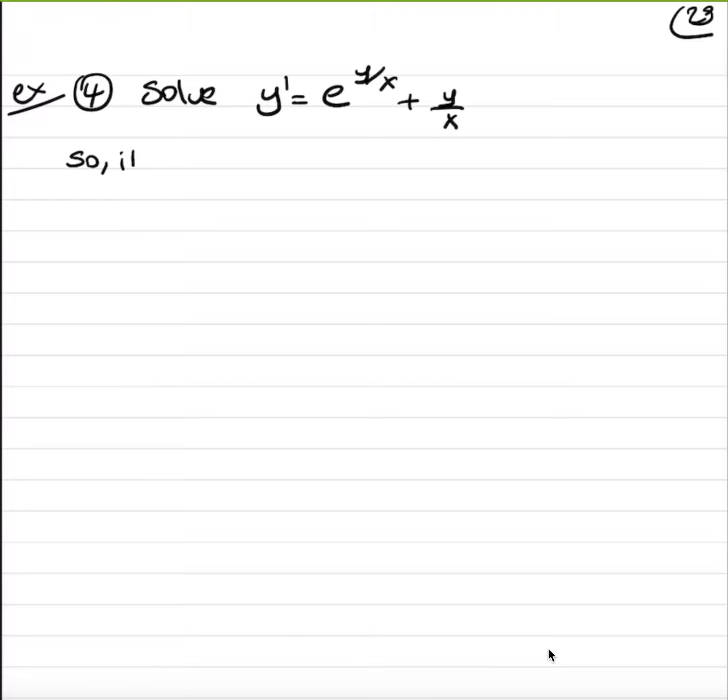Good. Okay, let's solve one more example. For example number 4, solve y prime is equal to e to the power y over x plus y over x. This is already in homogeneous form. So it is a homogeneous differential equation, and we will let y over x be u.